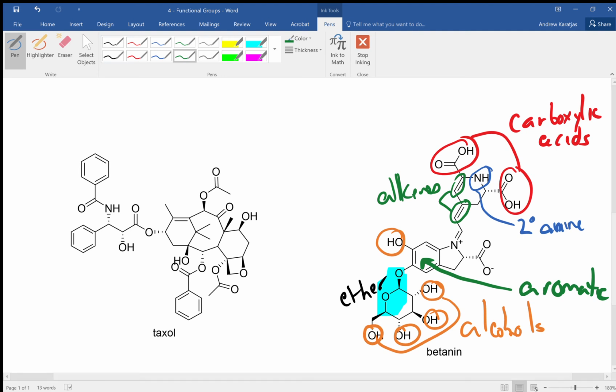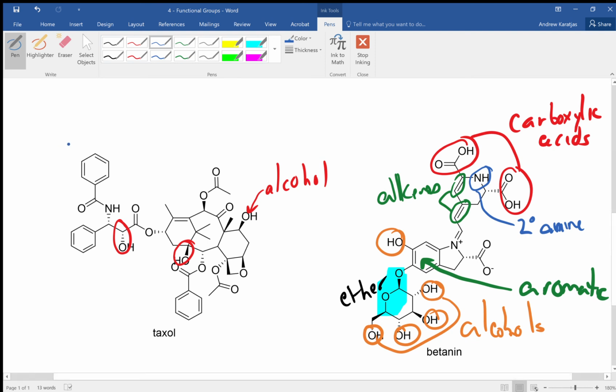Taxol, even more complicated, but actually not that bad. So we can start out here with an alcohol. Second one here, third alcohol over here.